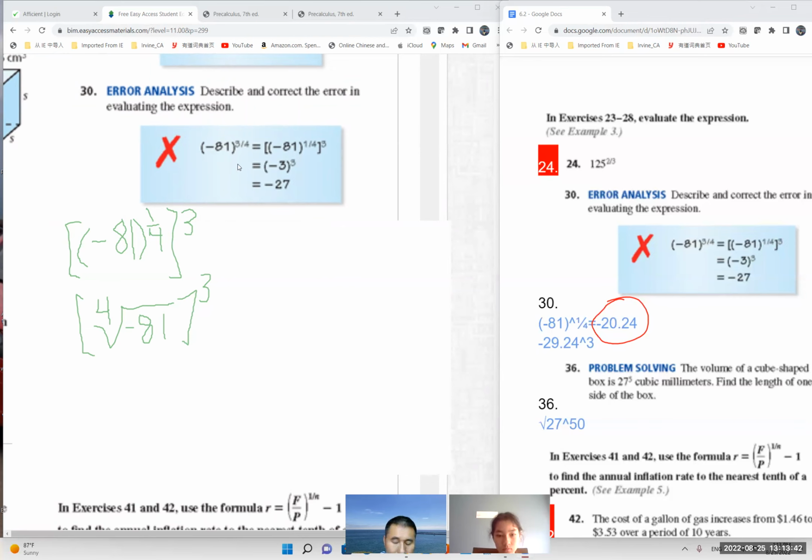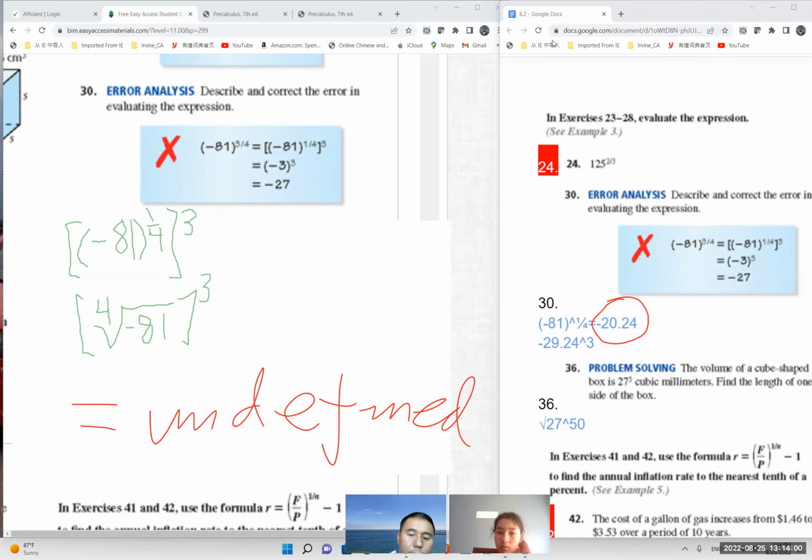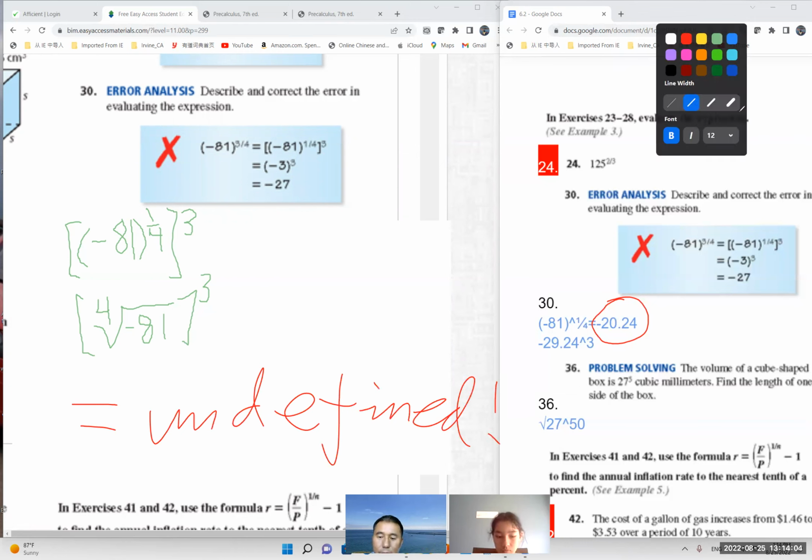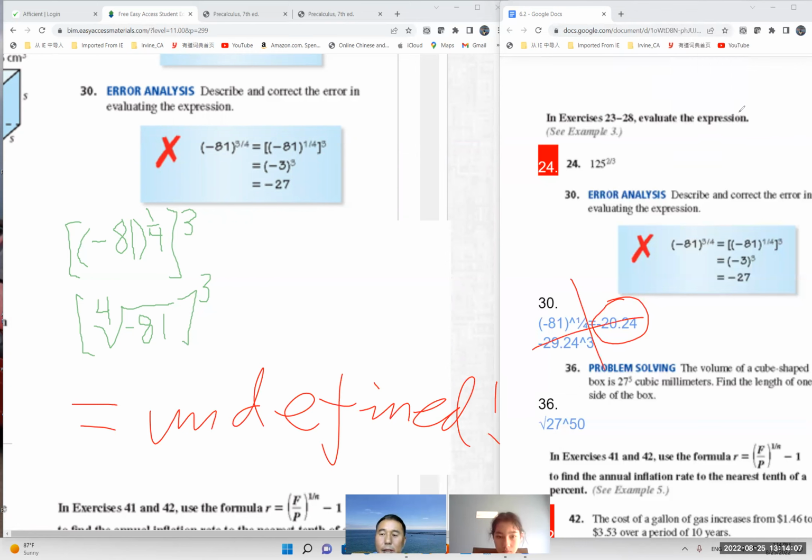Check it, then see some examples and try to understand it. Then go back to this problem. Yeah, anyway. So here means undefined, right? So this is not good.